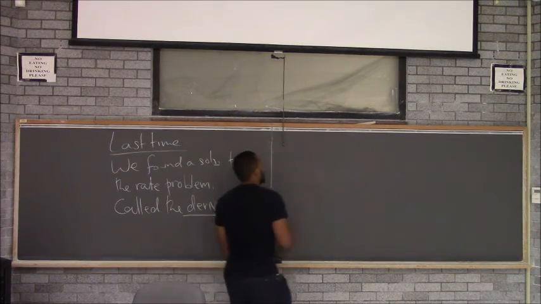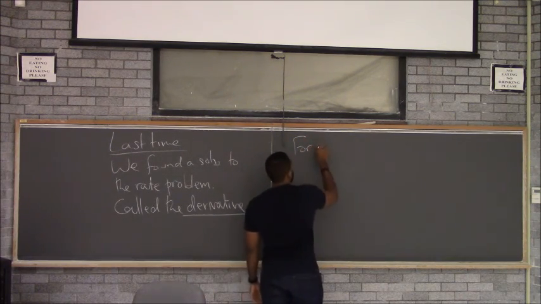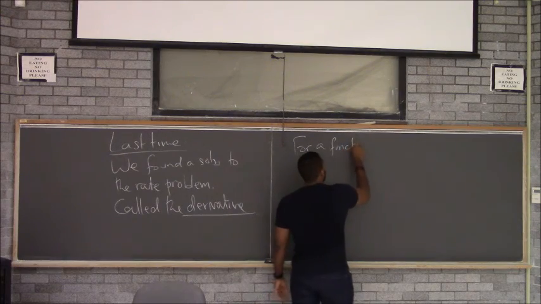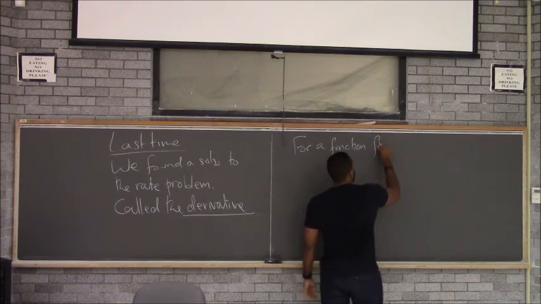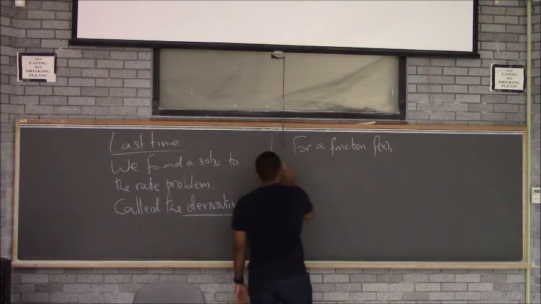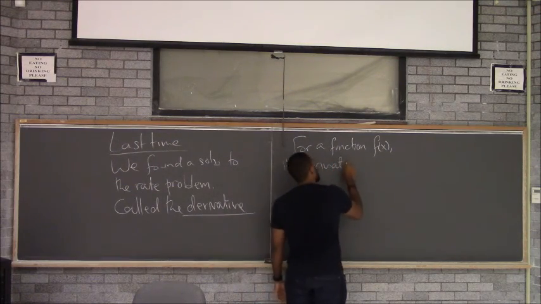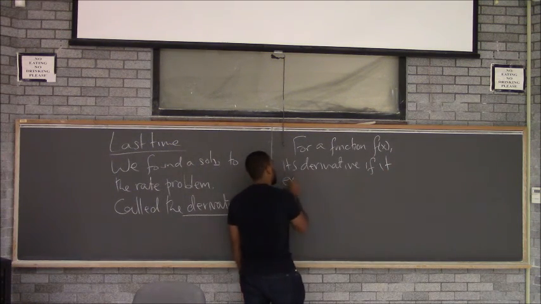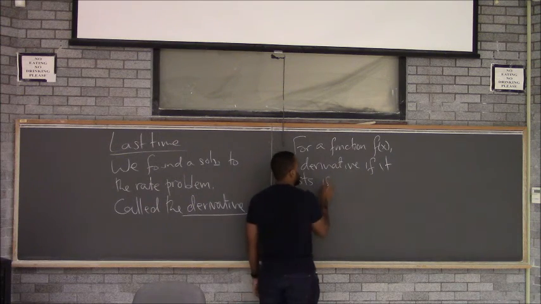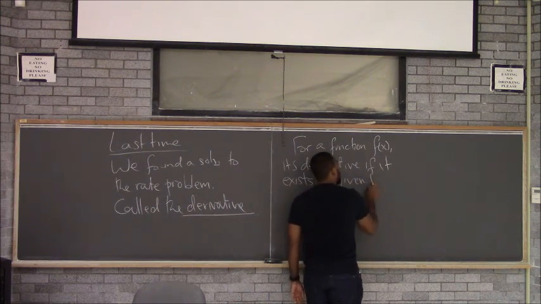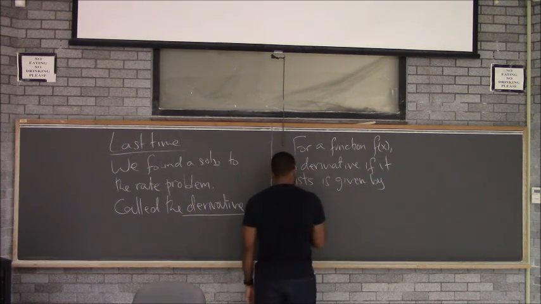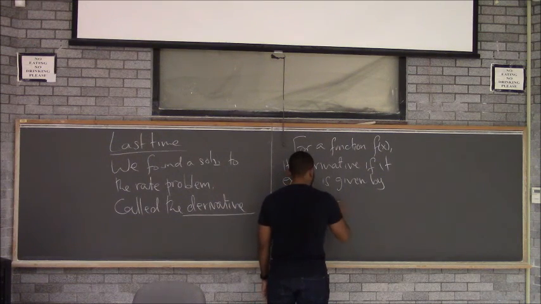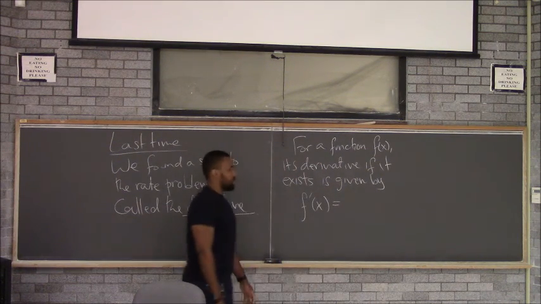Okay. So, for a function f of x, its derivative, if it exists, and I'll probably talk about that presently, is given by... what is it given by?